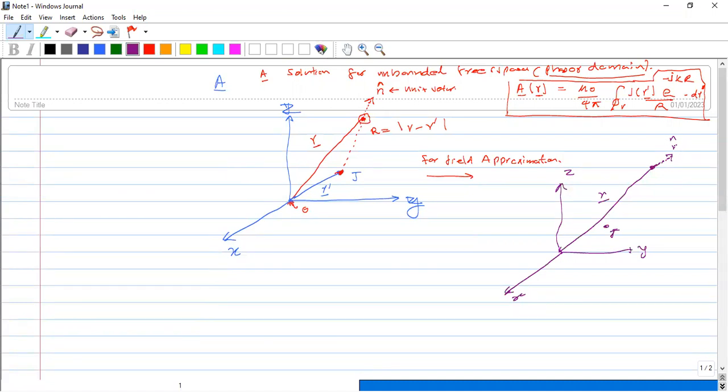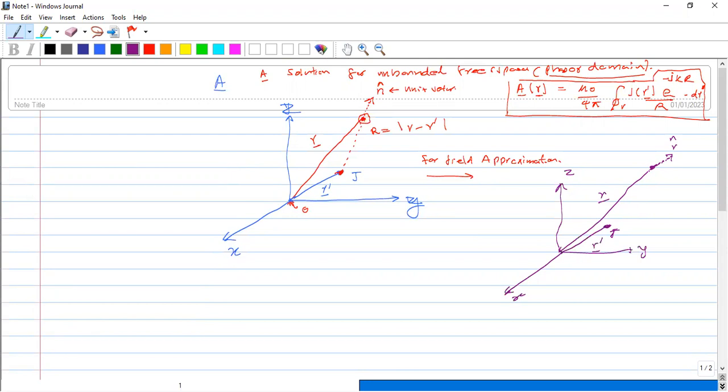This has a magnitude of unity, and it indicates the direction. That direction is R hat. And we assume that this point is very far away, so this is R dash bar.